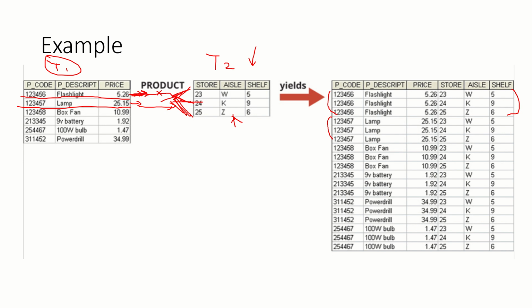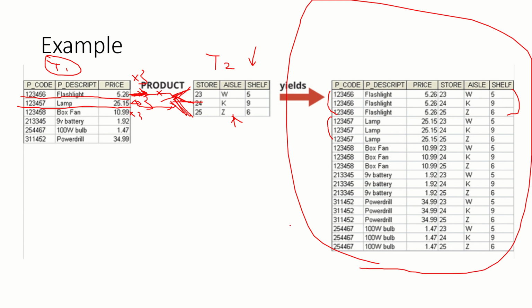So each row will be multiplied by 3. Okay, so right here, 3, 3. They combine them together, and you have a total table right here. Just to make sure, each row will be combined with every row of table 2. Okay, that's how you create a new relation with a product operator.